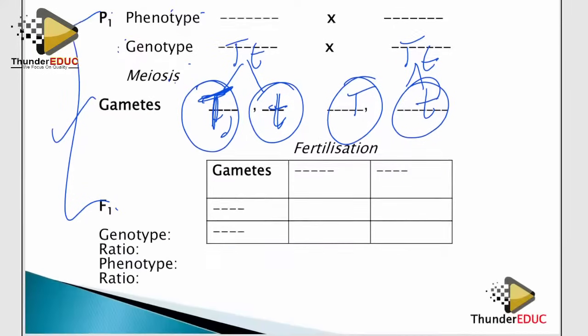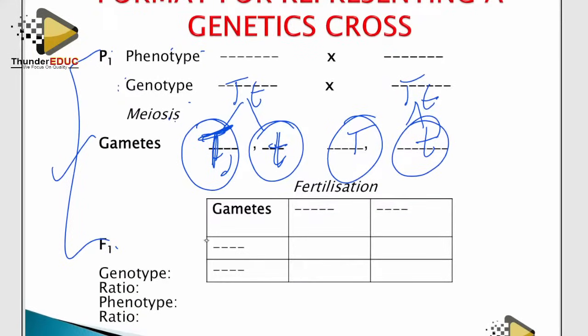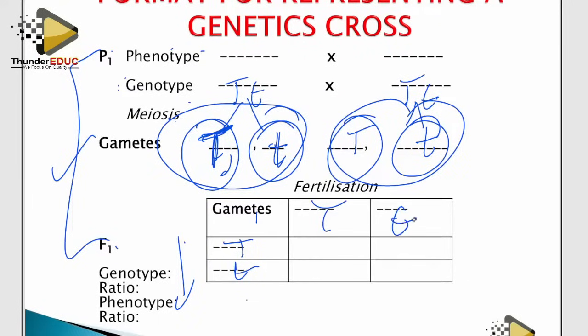Then, at fertilization, now start crossing. If you don't cross like this, use a Punnett square. So in the Punnett square, bring this here and say capital T, small t, then bring this here, capital T, small t. We shall give you a mark there. Then you cross capital T, capital T; capital T, small t; capital T, small t; small t, small t.